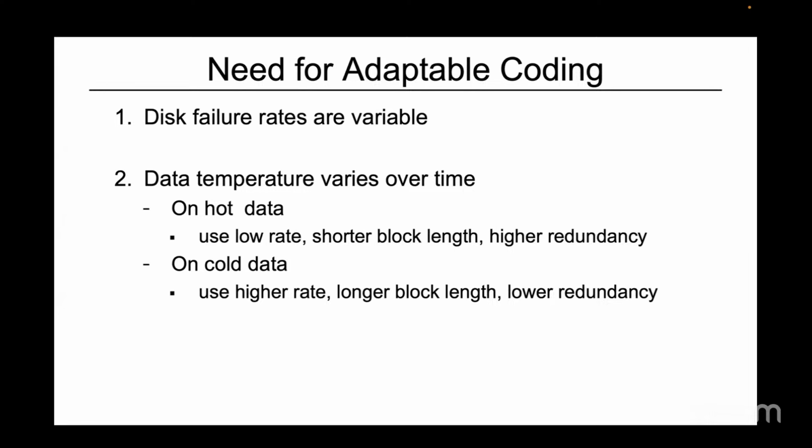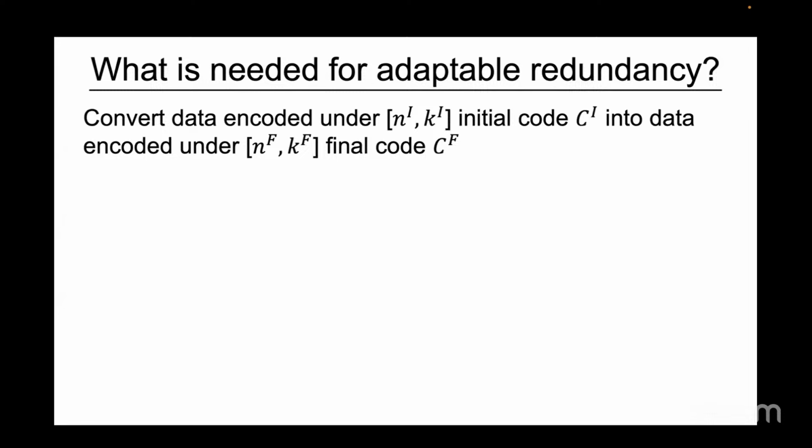Okay, so given there is a need for such adaptable coding, what is needed to make that happen? In order to change the encoding parameters of data, we have to convert data that is already encoded under an (n_I, k_I) initial code C_I into data encoded under another code (n_F, k_F), which let's call the final code C_F.